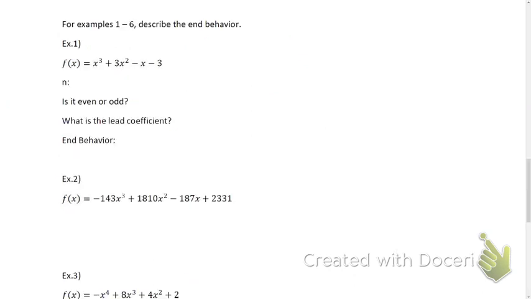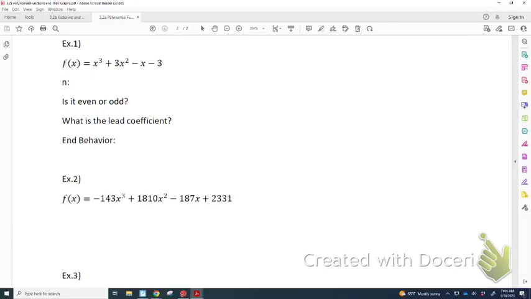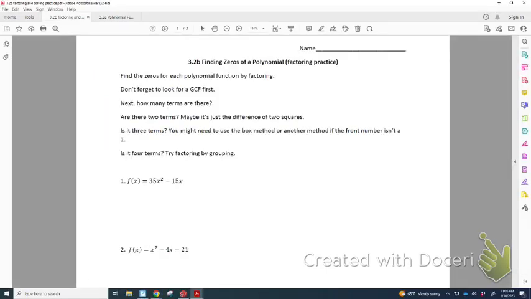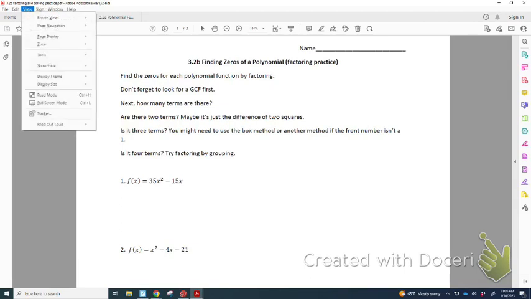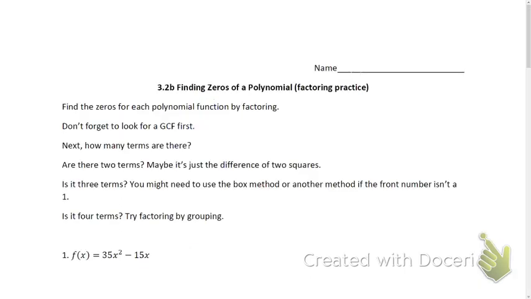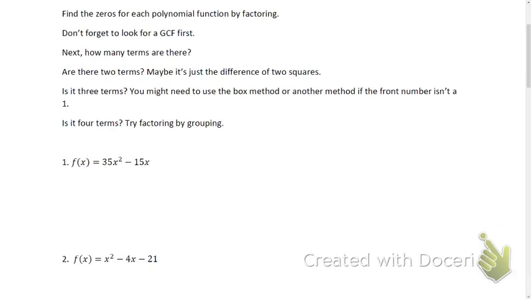So we jumped over to this document here. And I tried to give you some reminders about how to factor. So if you're given a problem and they ask you to find the zeros, the solutions, factoring is the way to go most of the time. Make sure you look for a GCF.